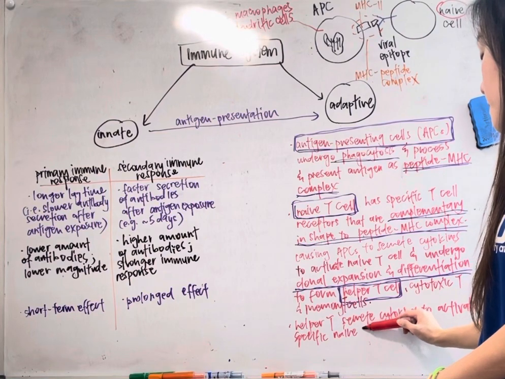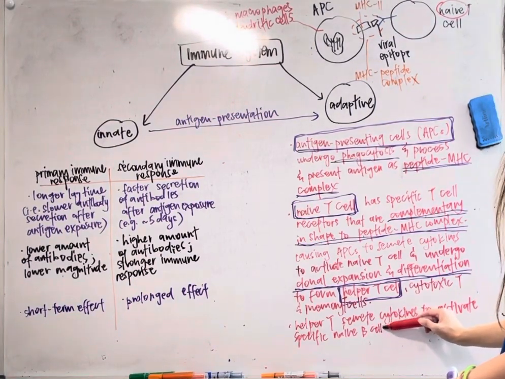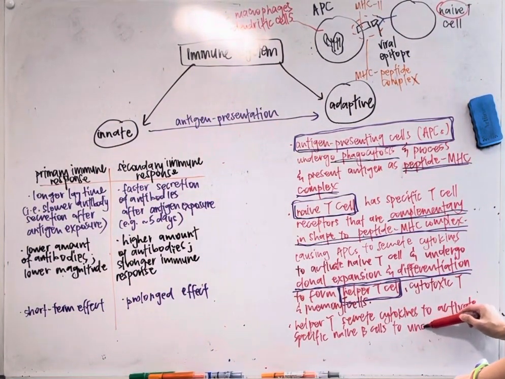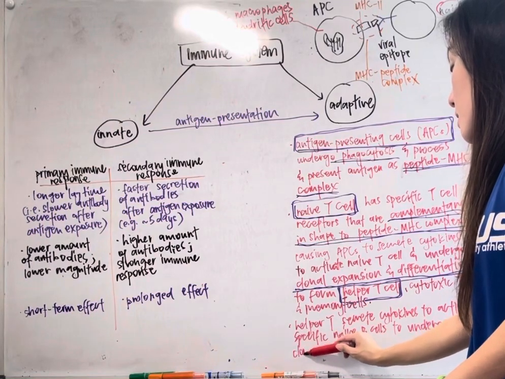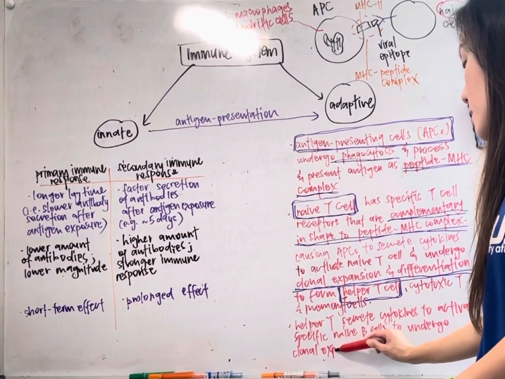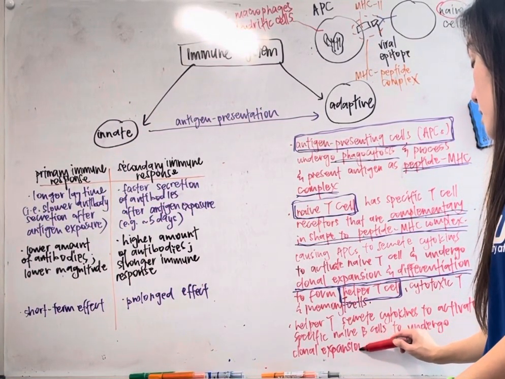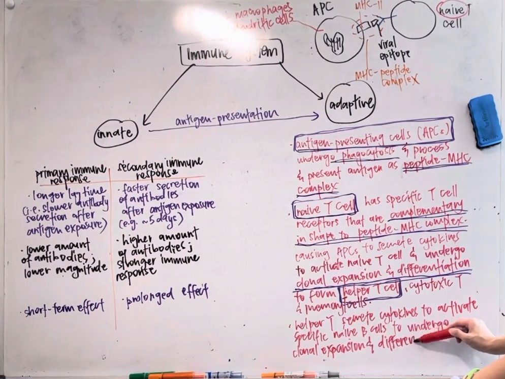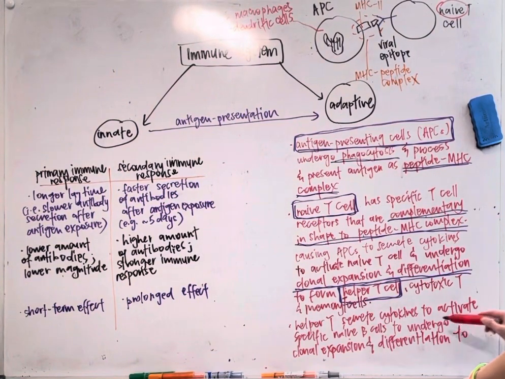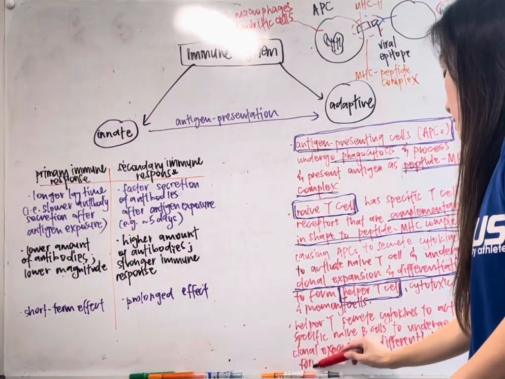Keyword again, to undergo clonal, what? Clonal expansion and differentiation. Yes. Always write them side by side. And differentiation is always what we write. This time is to form plasma B cells.